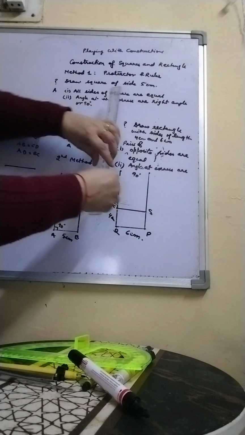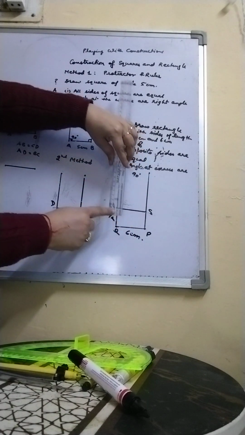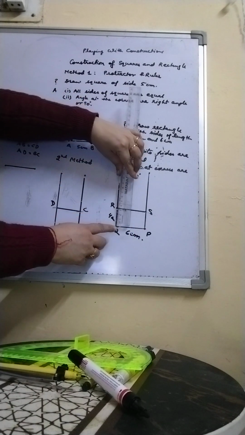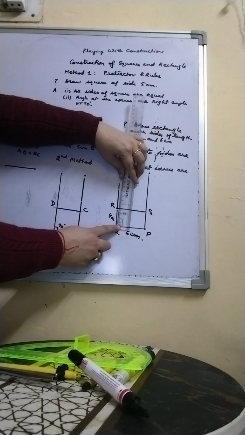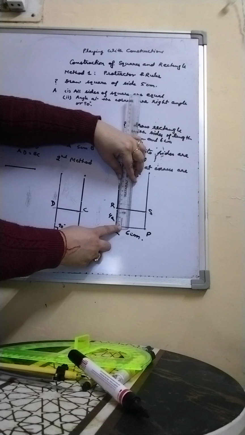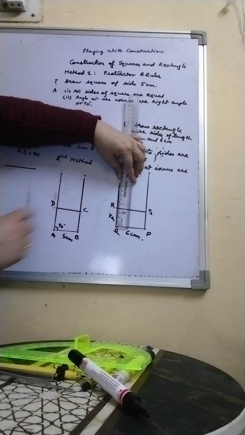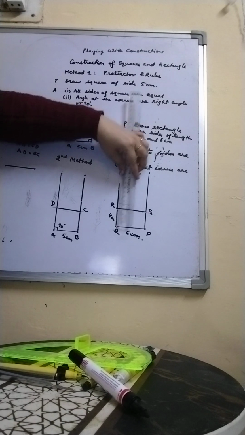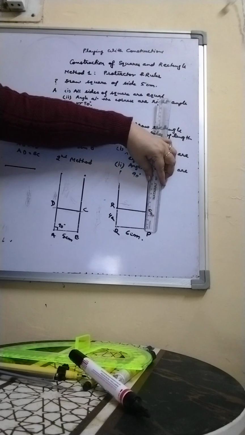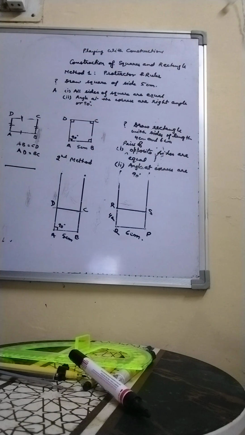Now here the RQ, see where you have to place the ruler. The zero reading of the ruler at QR, and then count 1, 2, 3, 4. So 4 centimeter is one pair of sides. So the other opposite side should also be 4 centimeter. So it is coming out to be almost 4 centimeter.